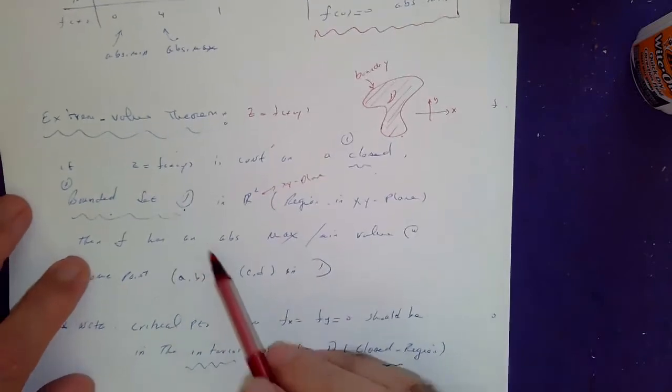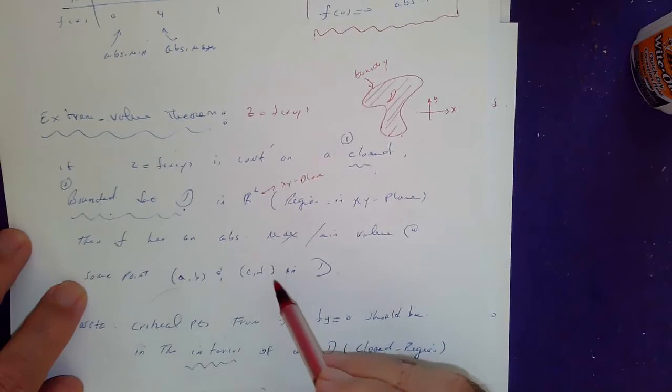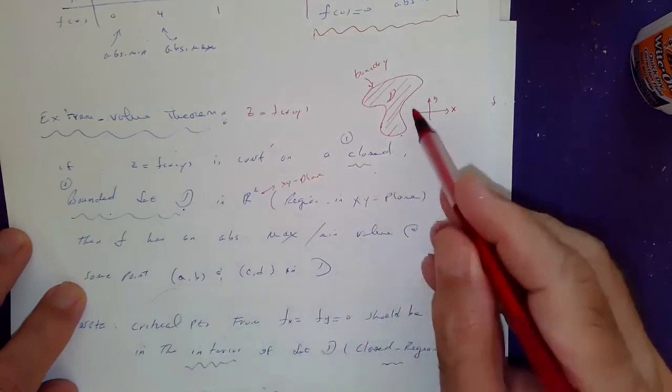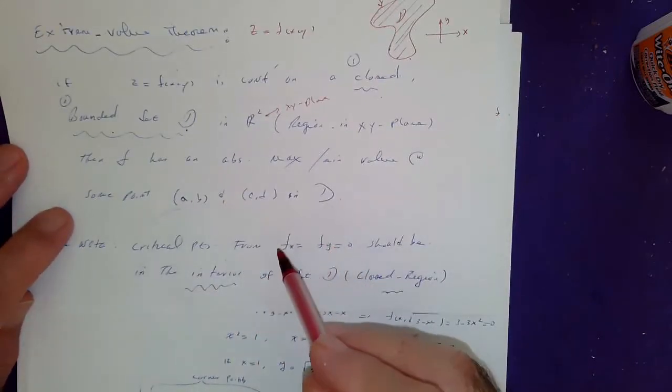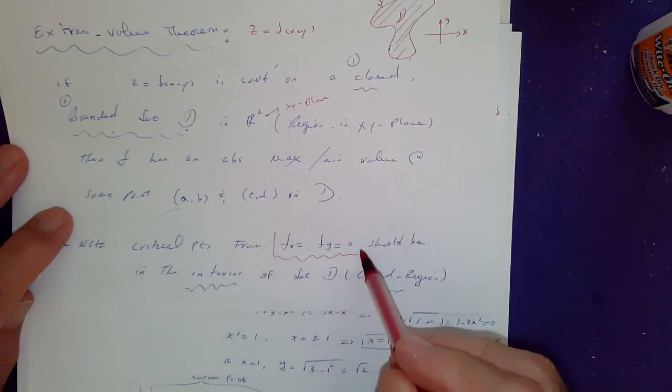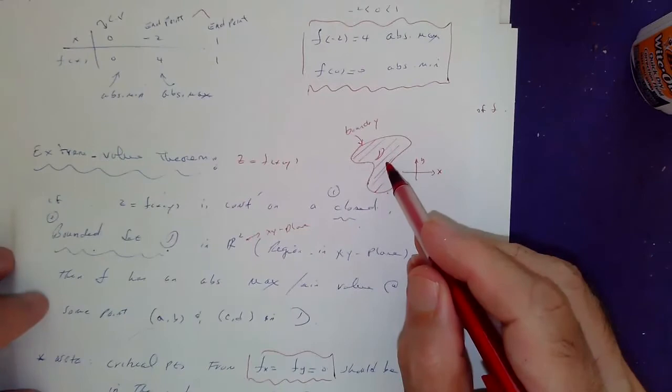Then f has an absolute maximum and minimum value at some point like (a, b) or (c, d) in the region D. Keep in mind, critical points from setting the partials equal to 0 should be in the interior of the region.